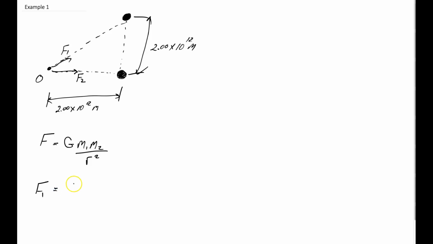is going to be G, which is 6.67 times 10 to the minus 11 Newton meter squared per kilogram squared, times the mass at O times the mass at the other object.